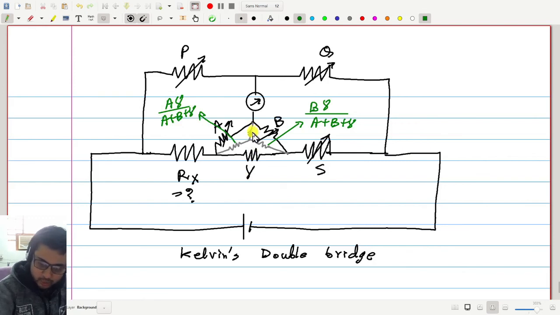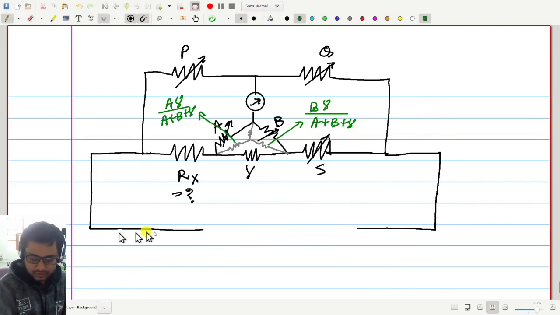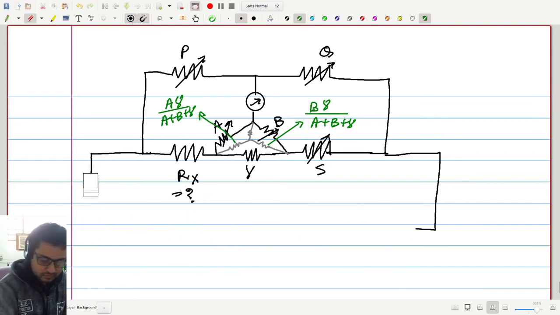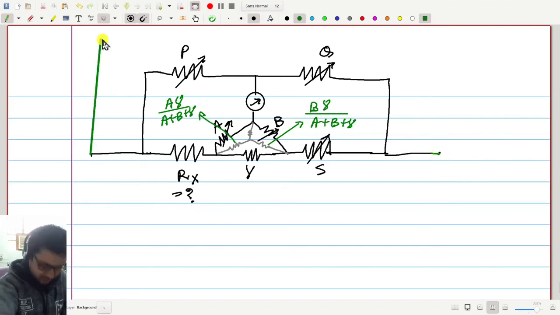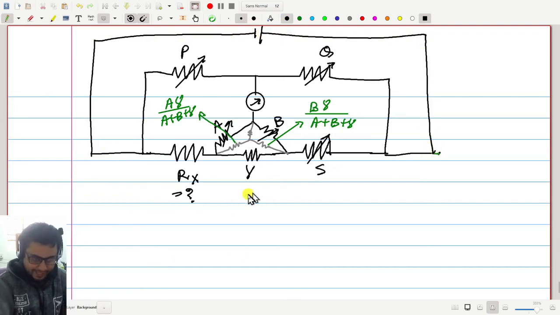And this resistance will have some value which I do not need. Let me put the battery here so that I can get some space.